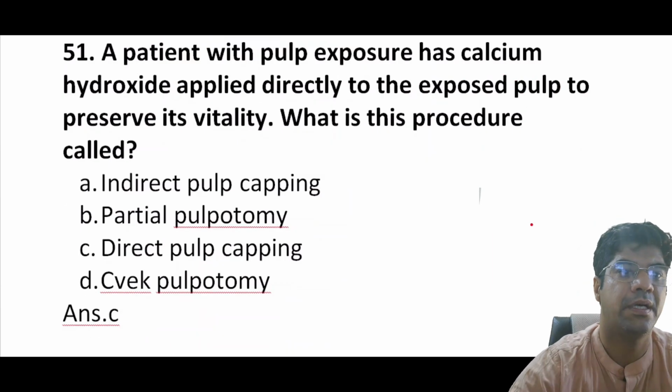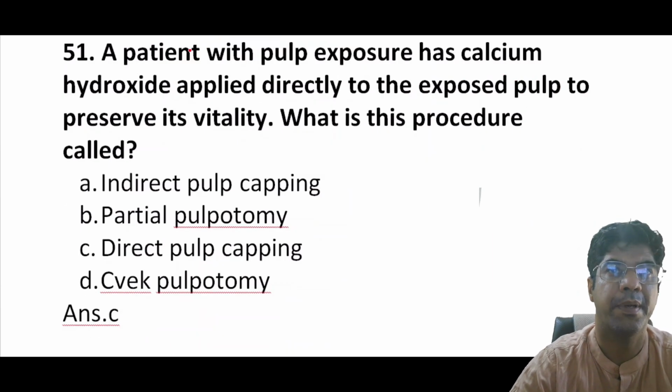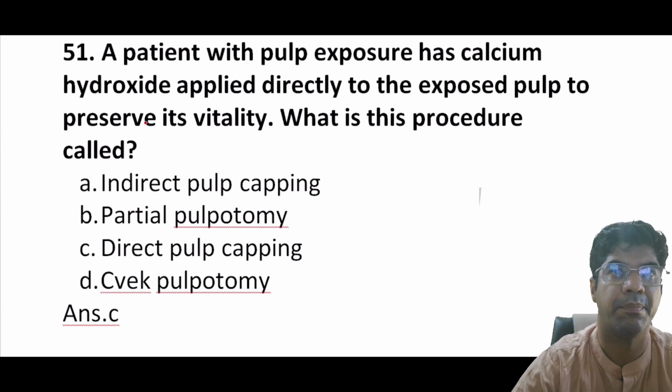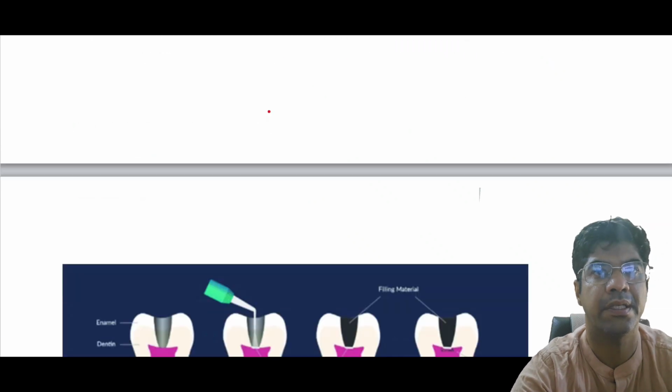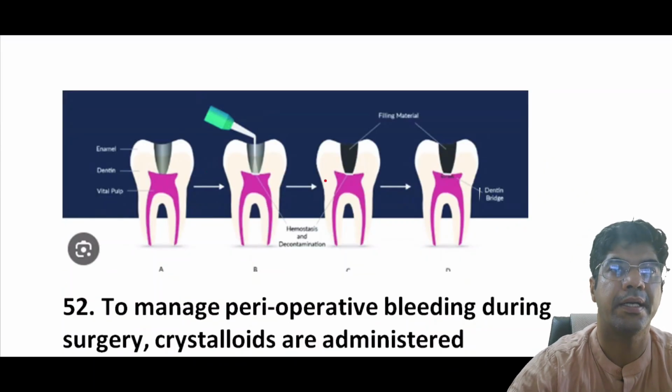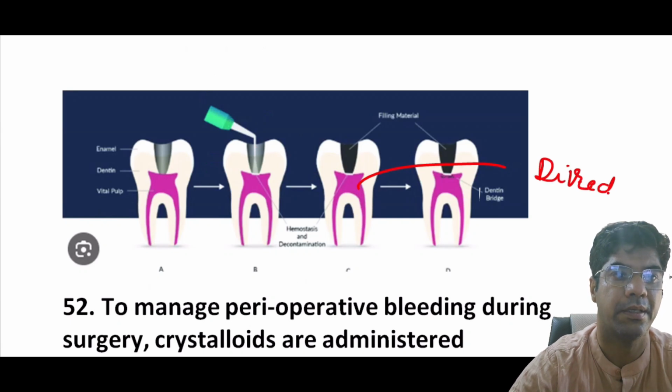A patient with pulp exposure has calcium hydroxide applied directly to the exposed pulp to preserve its vitality. So this procedure is known as direct pulp capping.